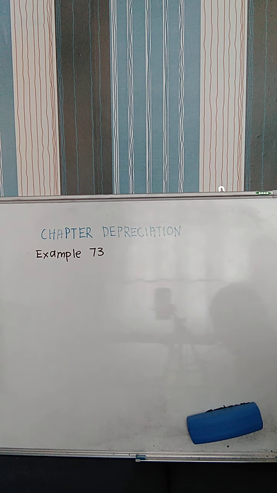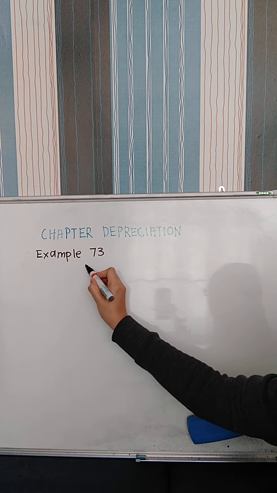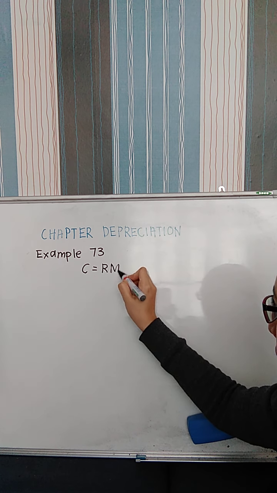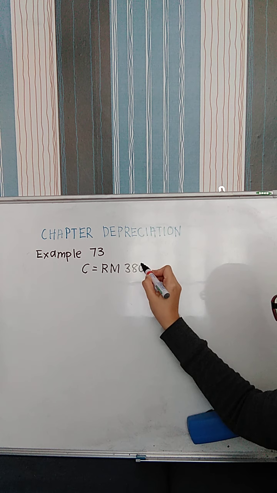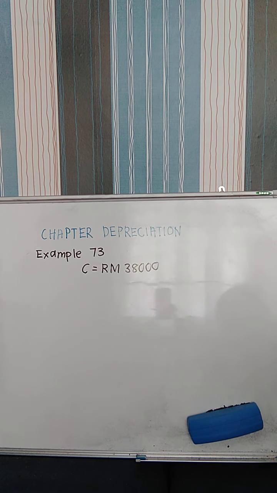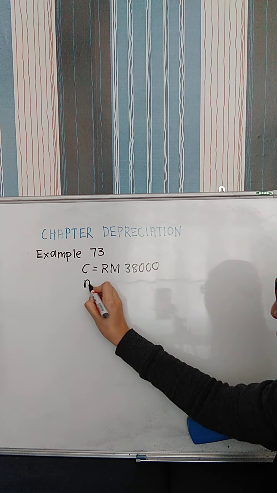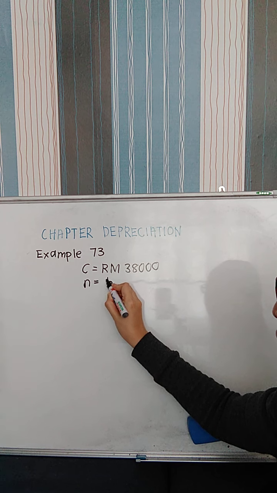So this is the value of cost of the lorry, so you can write C equal to RM 38,000. The lorry is expected to last 5 years. So this is the value of useful life. Useful life is N, 5 years.